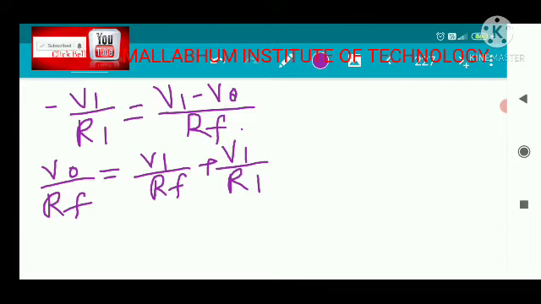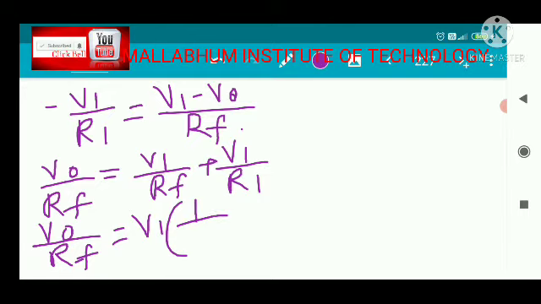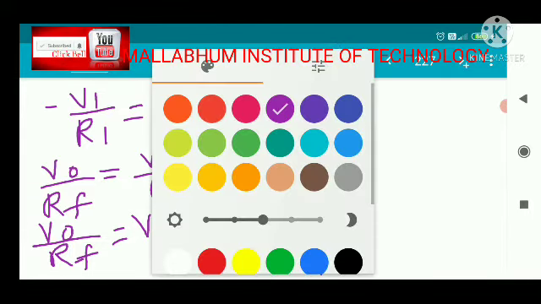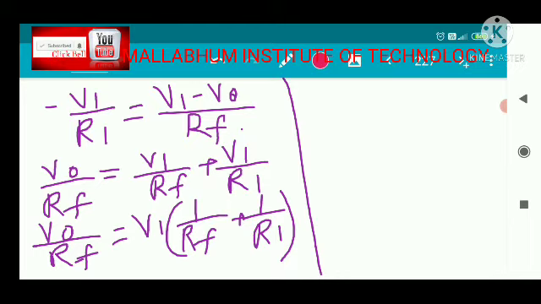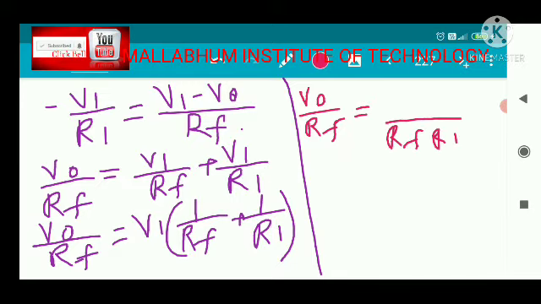V0 divided by RF equals V1 times (1 by RF plus 1 by R1), that is (R1 plus RF) divided by RF R1, into V1.